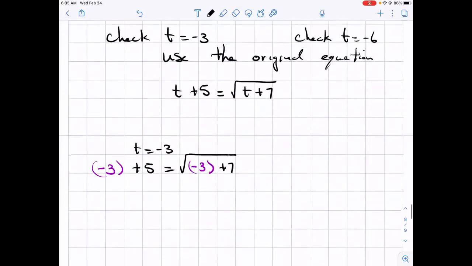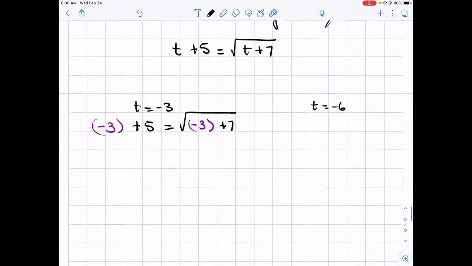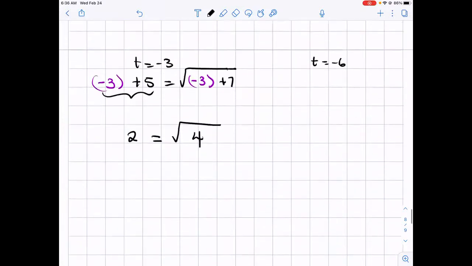And don't forget, we also have to check the other one. Let's finish this one here, because we also have to check when t is equal to negative 6. So don't forget that. We'll come back. Let's finish up this side of the checking. So minus 3 plus 5, when you combine these two, you end up with 2, equals the root of negative 3 plus 7, that's 4, and the square root.